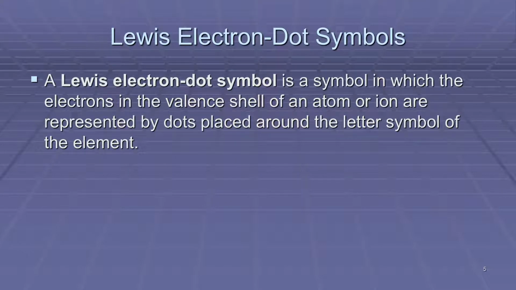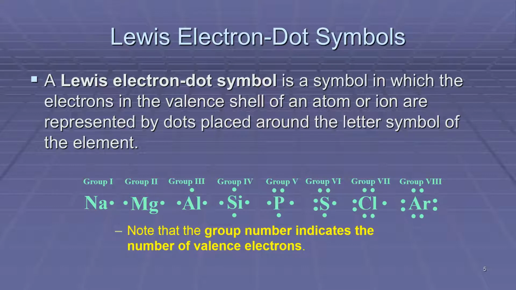All right, so let's look into this a little bit further. A Lewis electron dot symbol is a symbol where we show how many valence electrons are surrounding an atom. This is pretty straightforward. Sodium, which has 1 electron, we just show with 1 dot. Magnesium or anything in group 2 would have 2 dots, 3 dots for aluminum, etc. It's really not critical where you put them.